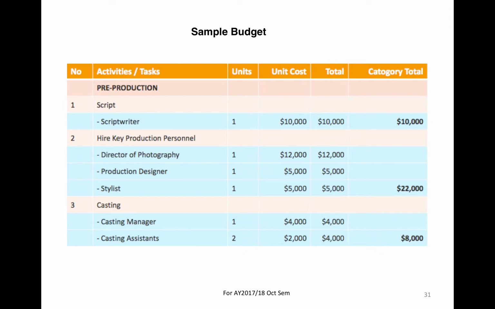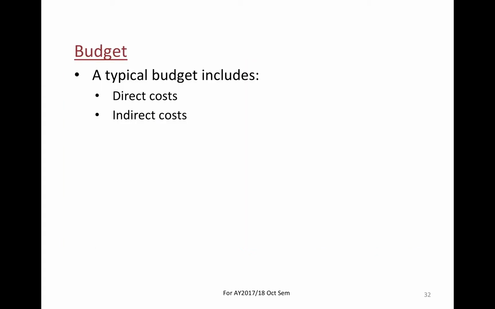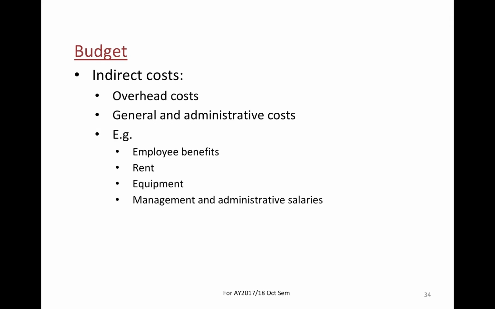Casting as well: casting manager and assistant, how much do they cost? So yeah, a typical budget includes direct and indirect costs. What do I mean by that? Direct cost is like labor, materials, travel, subcontract. Indirect cost is like employee benefits, their holidays, their insurance, and things like that.